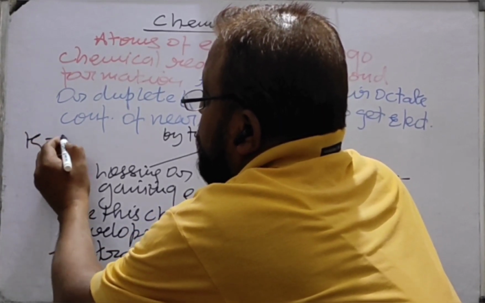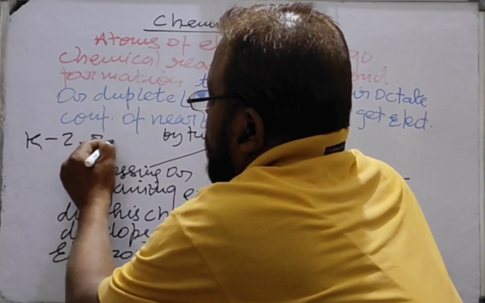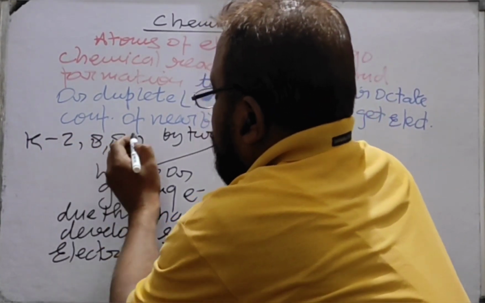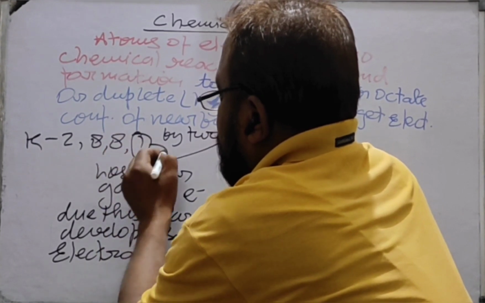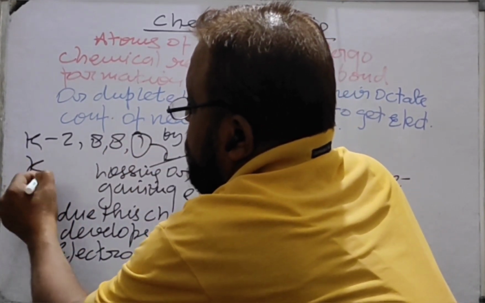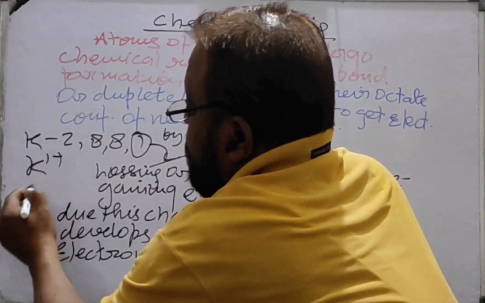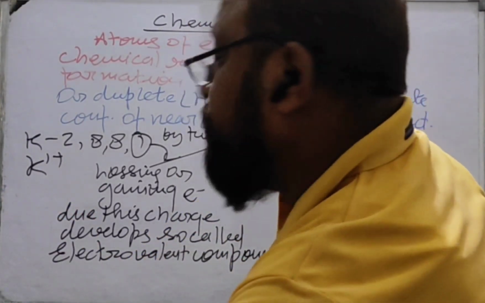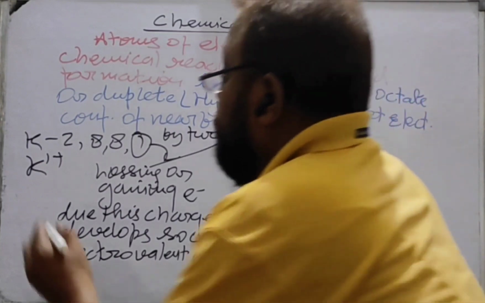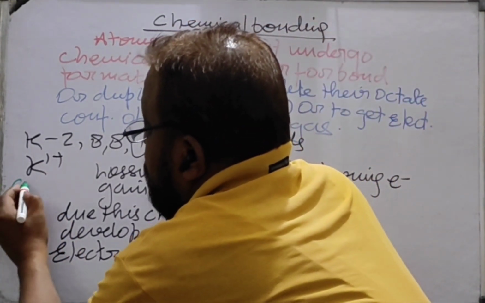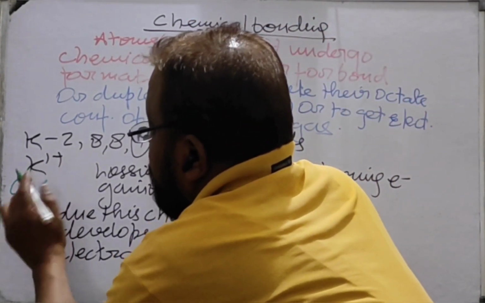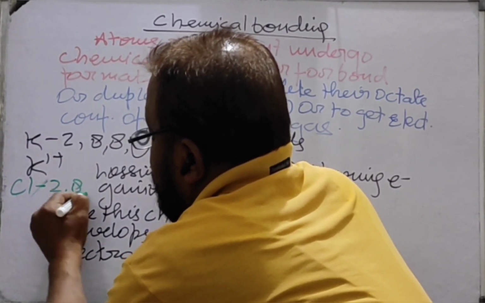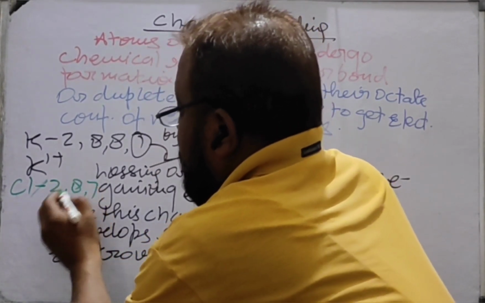Electrovalent compounds, like potassium, which has electronic configuration 2, 8, 8, 1. It loses one electron and gets one unit of positive charge. Chlorine has configuration 2, 8, 7, with 7 electrons in its outermost shell.